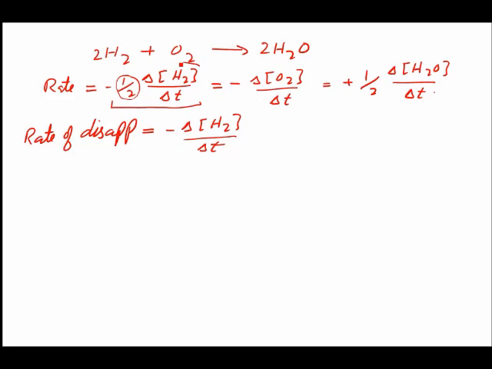That means this term here is basically the rate of disappearance, correct? Similarly, for the oxygen, if you want to write down the rate of disappearance of oxygen, O2, it's the same thing, because the coefficient is 1.